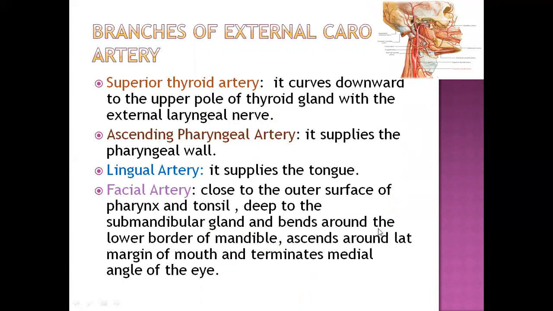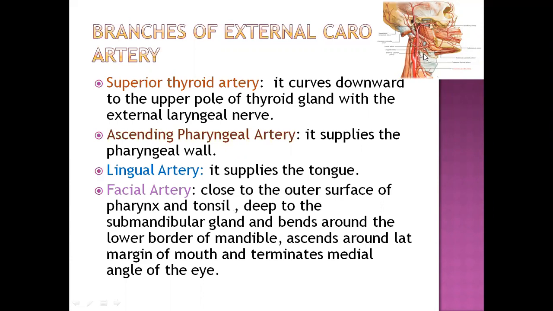The facial artery is close to the outer surface of the pharynx and tonsils, deep to the submandibular gland, bends around the lower border of the mandible, and ascends around the margin of the mouth. I already discussed this in detail.